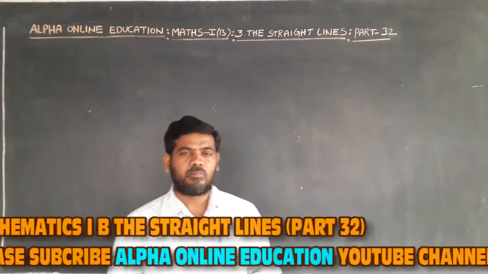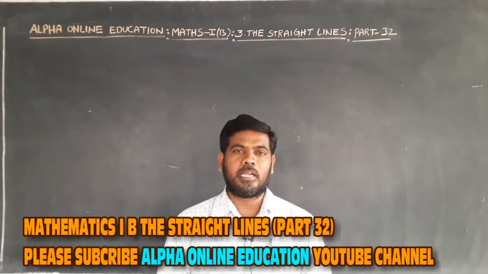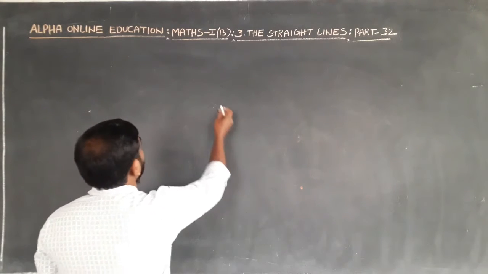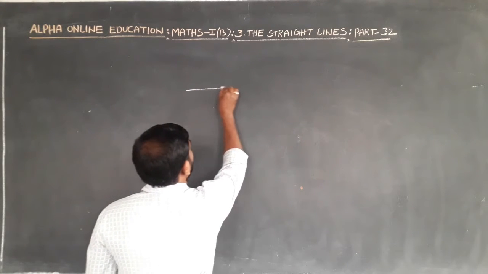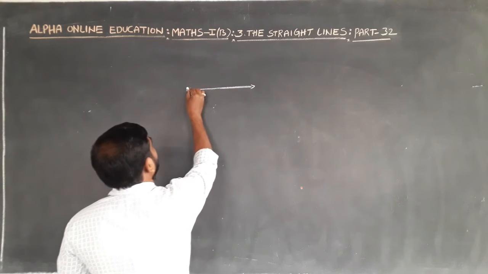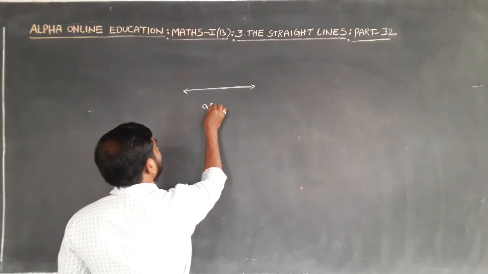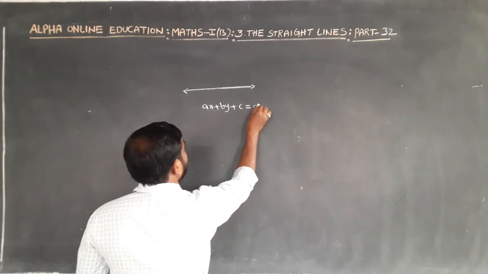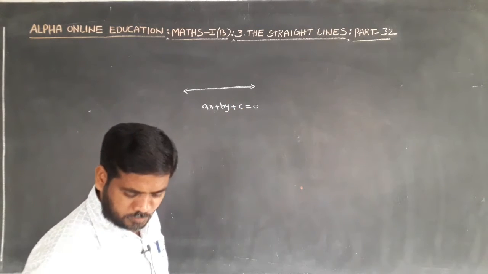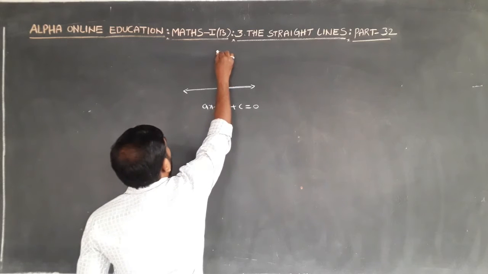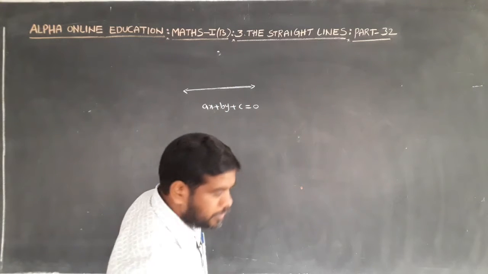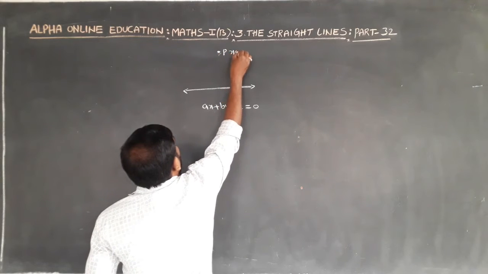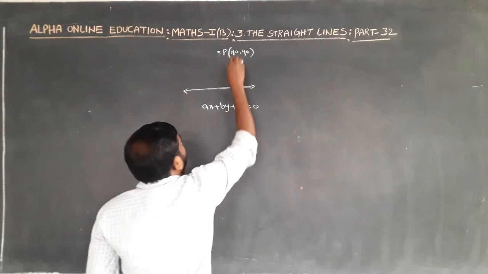We discuss one important formula and problems. Here, this is the equation of the straight line. Equation of the straight line means ax plus by plus c is equal to 0, and let P(x naught, y naught) be any point.